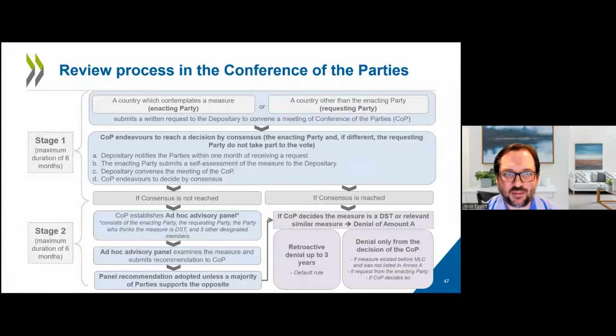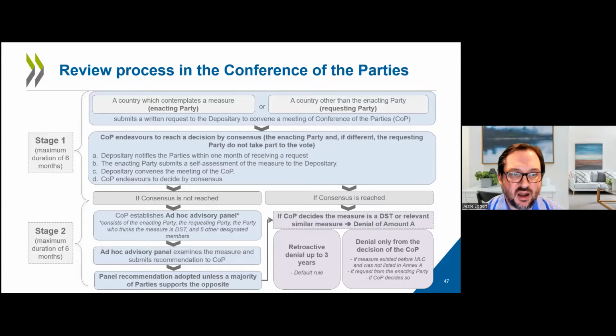The details here are provided for your information, and the slides are going to be available after the webcast. But the main things to take away here are that the evaluation of measures is designed to take no more than 12 total months, and that at the end of that process, there will be an answer about whether the measure is going to be considered a DST or relevant similar measure.